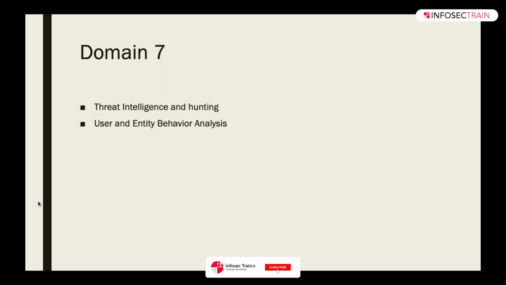They create a baseline of what is normal. For example, every single time an employee sends out data worth like 20 MB, and one fine day it is observed that the employee is sending out data of like 1 gig. That is not normal. This is how you need to identify what exactly user and entity behavior analysis is.